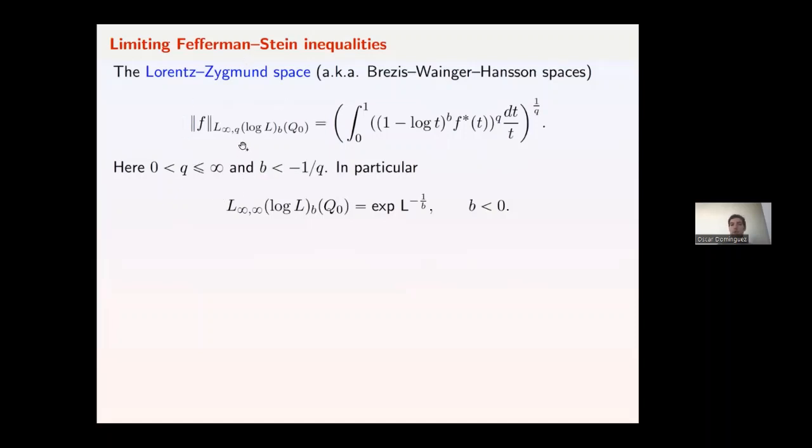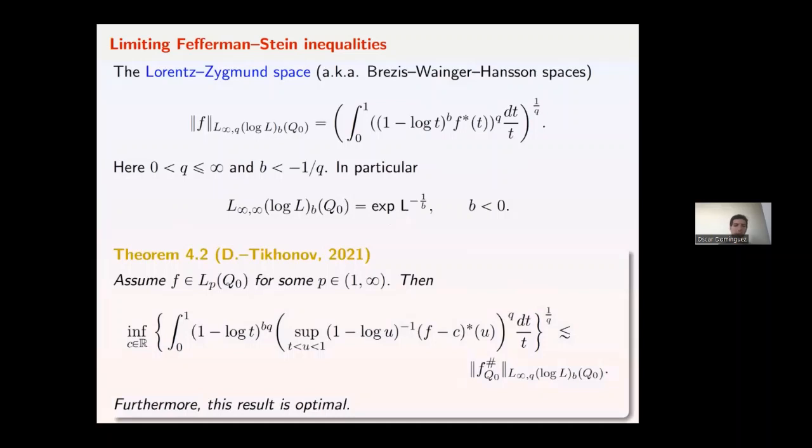Here, I'm recalling the definition of this special case of Lorentz-Zygmund space with first index infinity. So, roughly speaking, you are dealing with functions with logarithmic singularities only. In the special case that q is equal to infinity here, so here you have the sup over all t greater than 0, and then you can prove that this coincides with the exponential class.